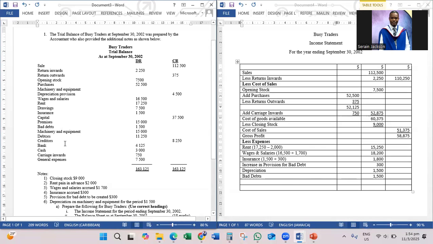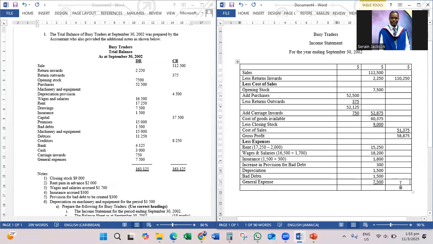We have bank, creditors, debtors. Those are not expenses. We have carriage inward, which we used already. And then general expenses, which is the other expense that we have to use. So that is 7,500. Now we have all our expenses and we have made all the adjustments.